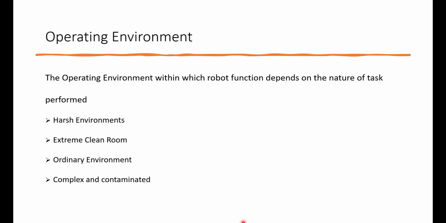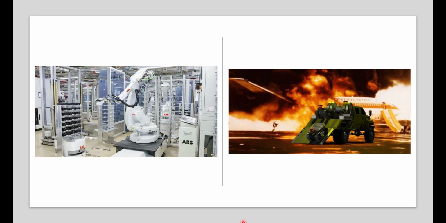The last specification is the operating environment. The operating environments within which robots function depend on the nature of the task performed. Often, robots are used to perform jobs in harsh, dangerous, unhealthy environments, for example transport of radioactive materials, spray painting, welding, and loading and unloading of furnaces. For these applications, the robot should be specifically designed to operate in extreme temperature and contaminated air.